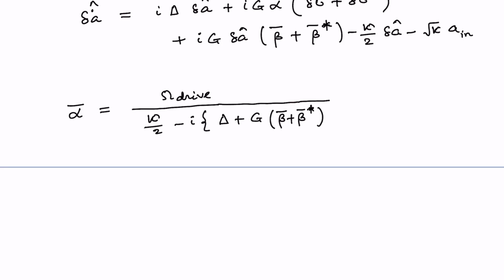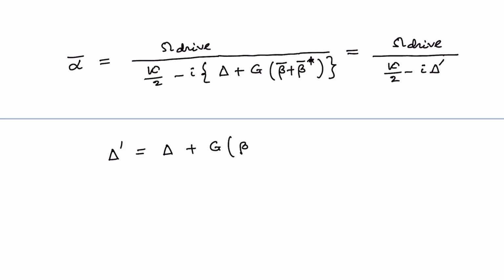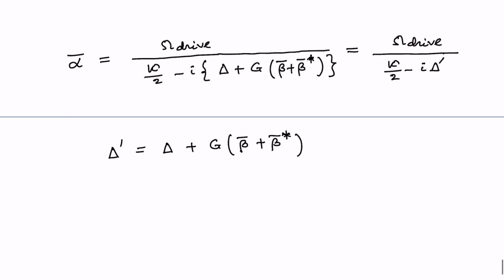And this you can actually write in this form: omega drive divided by kappa by 2 minus i delta dash, where delta dash is the modified detuning constant, defined as delta dash equals delta plus capital Z (beta bar plus beta bar star).